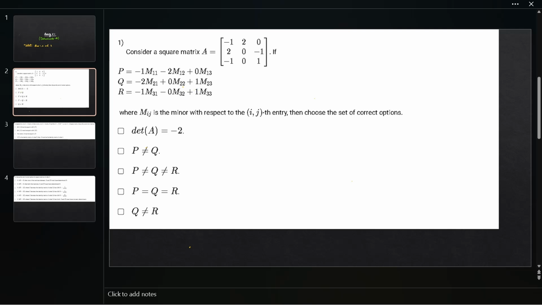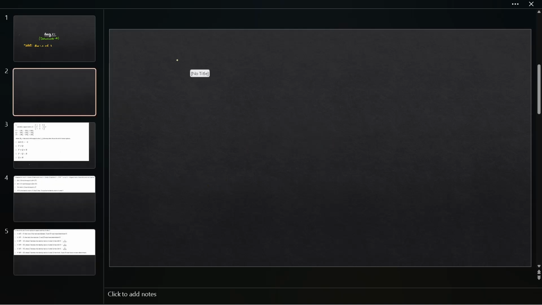Before we delve into the question, there are a few points that we can discuss. Maybe I'll use a different slide for that. If I want to find the determinant of a particular matrix A, that can be found using the summation of Aik times Cik, where k ranges from 1 to n, n being the order of the matrix A. This is true for all i equal to 1, 2 till n.